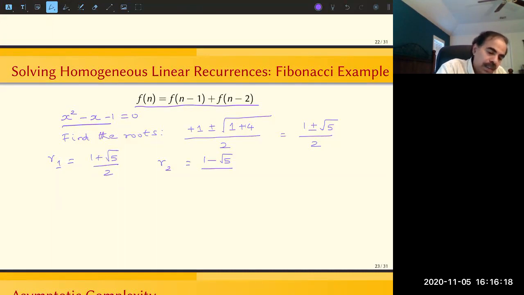Did I make a mistake? I don't remember. I may have got a sign wrong somewhere, but if there is, just correct it later. Essentially, let's see what it is.